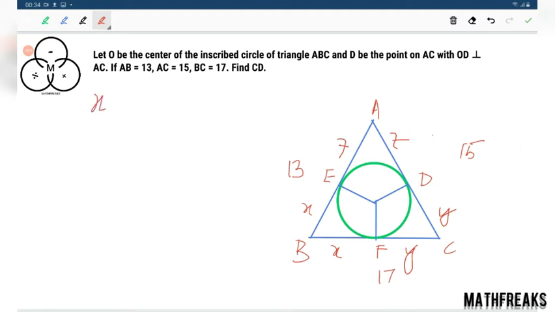Now we have x plus y plus z equals 13 plus 15 plus 17, divided by 2.